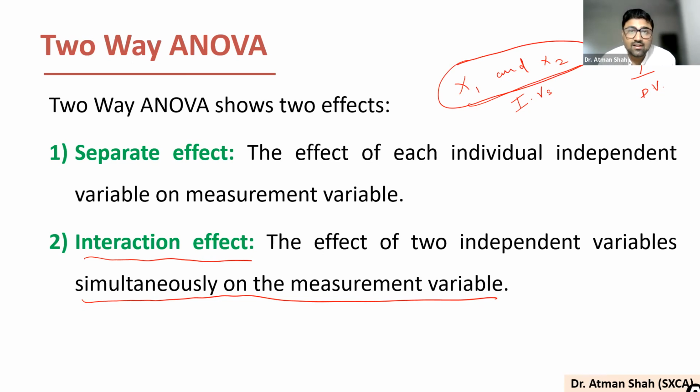So separate effect is the individual effect of each independent variable on the dependent variable, and interaction effect helps us to understand the simultaneous effect of two independent variables on our dependent variable. So that is the idea of two-way ANOVA.